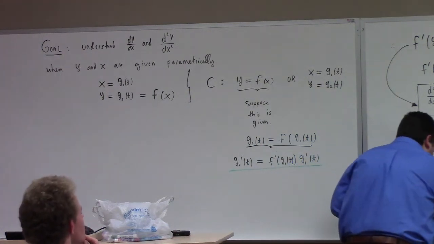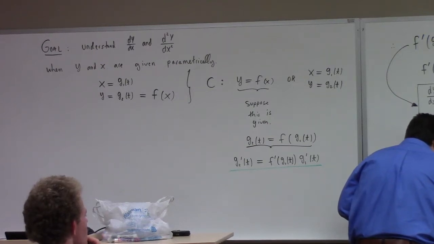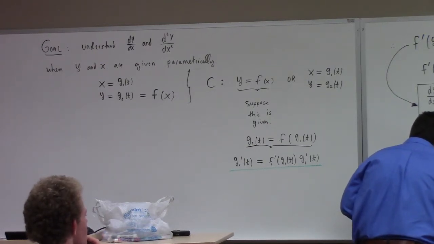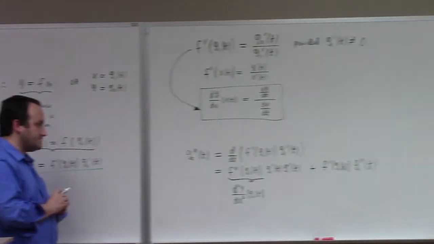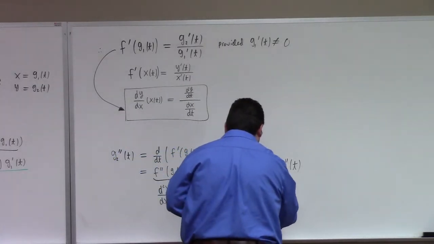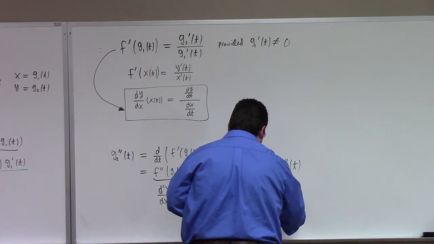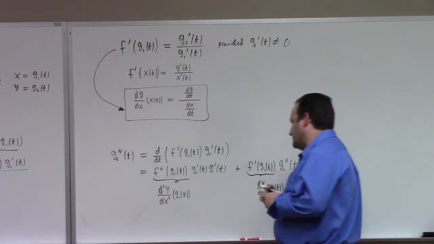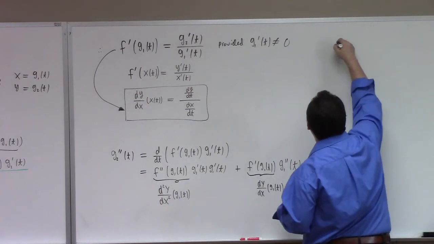Now this thing right here is what we would like to call d squared y dx squared at g1 of t, right? This again is dy dx at g1 of t. So we can solve this for d squared y dx squared. What do we got?